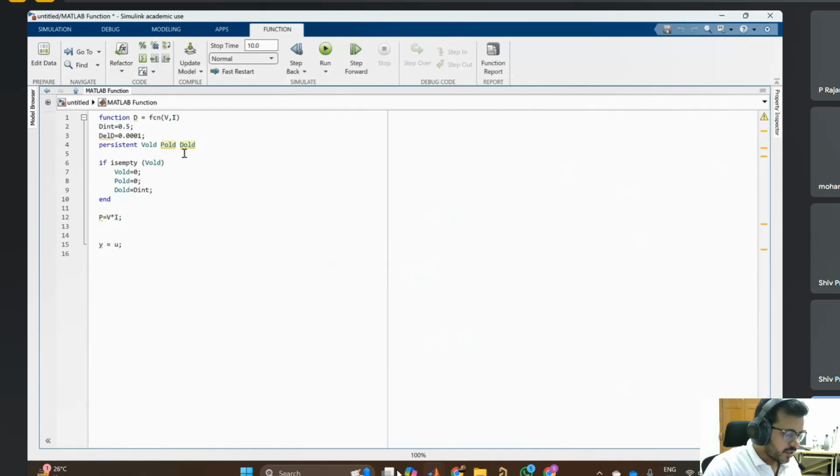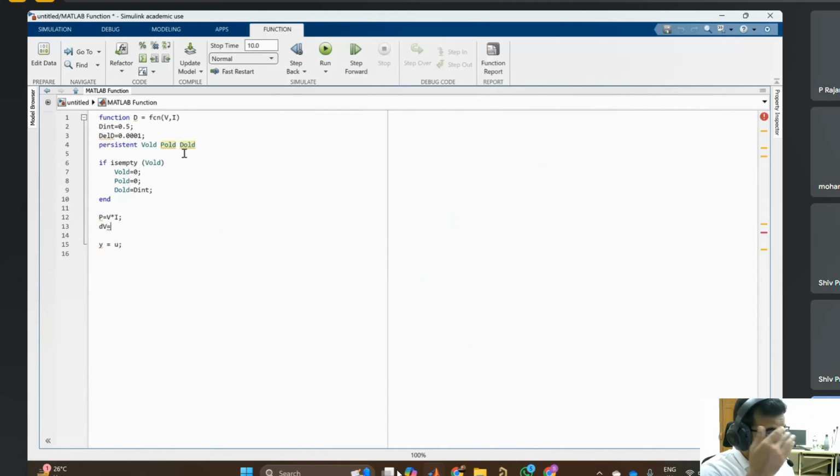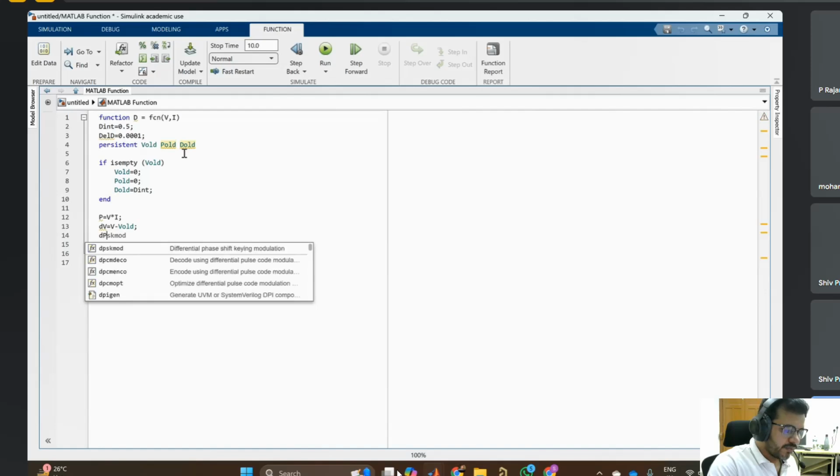Then calculate delta V, you can say del V. This is V minus V old. Next one is del P, power.